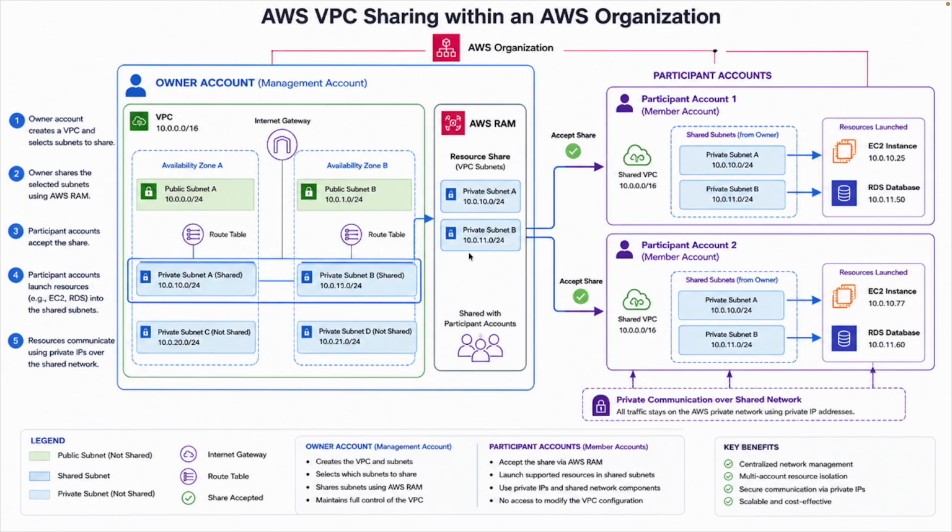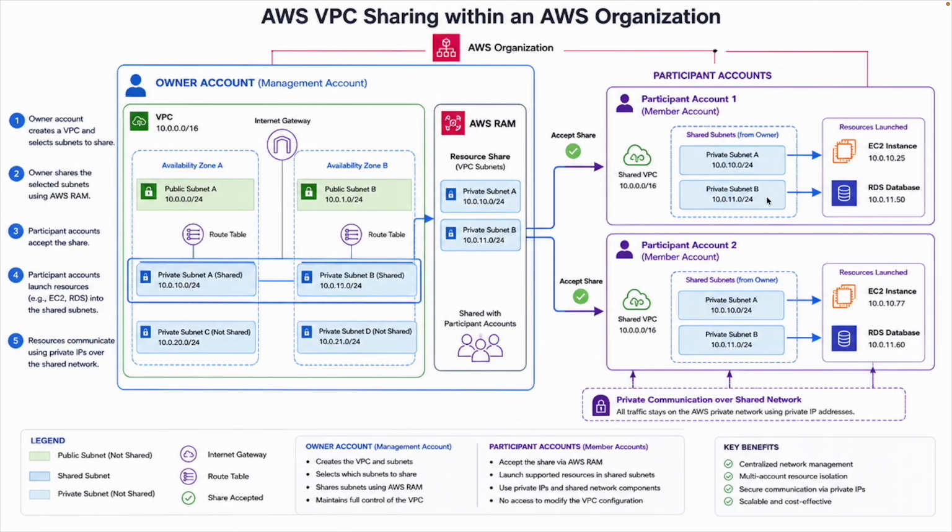Now, in terms of resource ownership, this is one of the most important concepts to understand about resource sharing. Remember, the owner account owns the VPC, the subnets, the route tables, the internet gateways, the NAT gateways, the security groups, the network ACLs, and everything. But the participating accounts own the databases they create in the subnets.